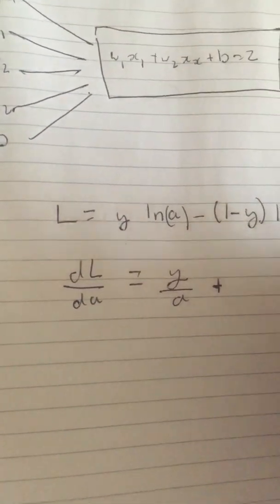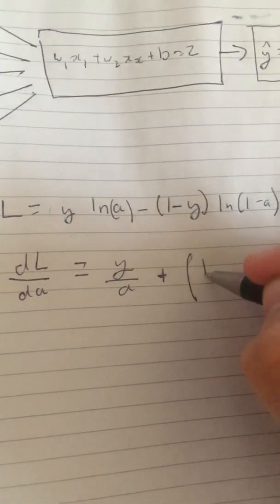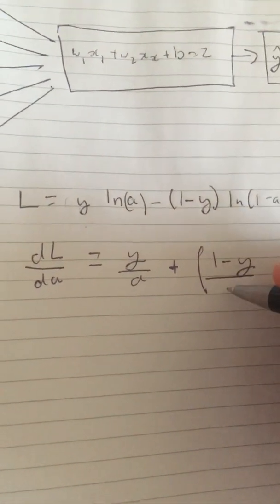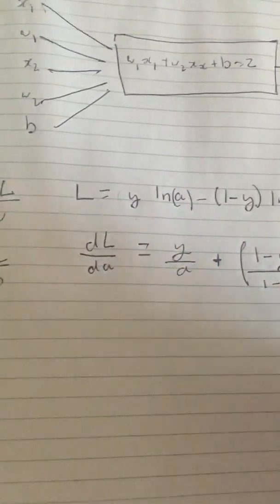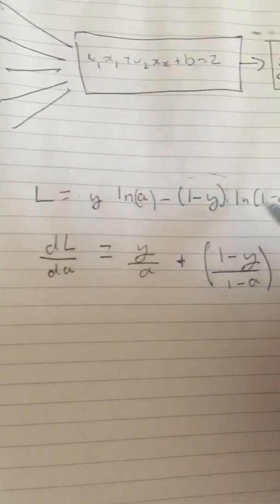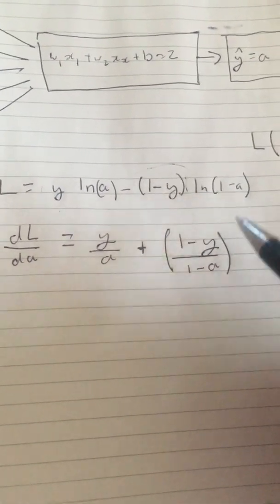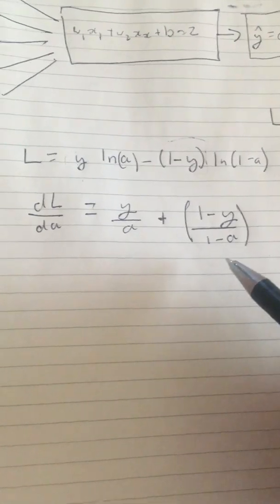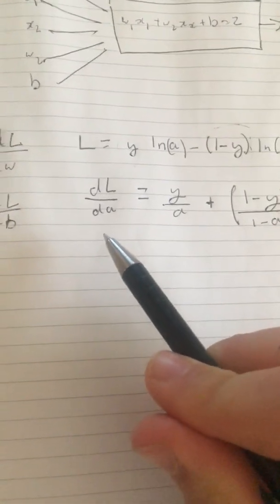And then adding this to all of this differentiated, ending up with 1 take away y all over 1 take away a. Because 1 take away y once again is a constant, and ln of 1 minus a, the differential of that is 1 all over 1 minus a. So this will give you the differential of the loss with respect to the activation.